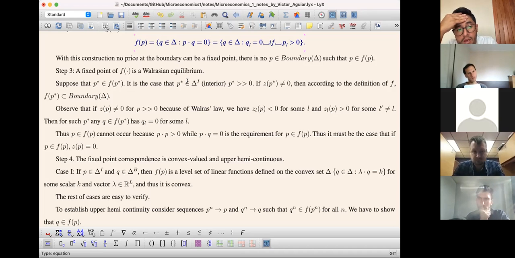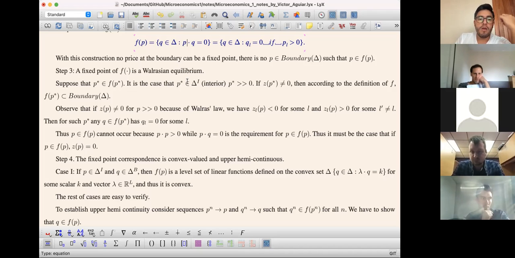This P inside F of P cannot occur because the inner product of P with itself is strictly positive, just a quadratic term, while P times Q equal to 0 is the requirement to live inside this fixed point. So it must be that P belongs to the image of F of P, and Z of P is equal to 0. Step 3 essentially says that if you are a fixed point, then you are an equilibrium.